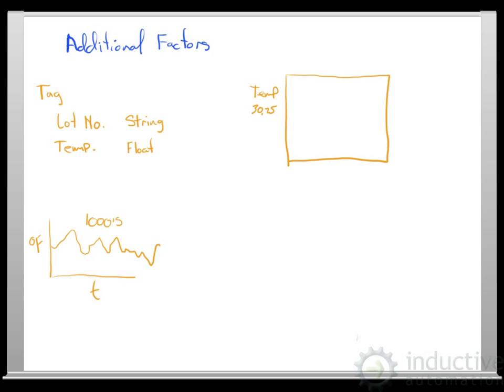It's just not too practical to filter on a numeric value. But a string value, you have a very certain value that was entered, and then we can filter on that. So even though you might have a lot number that's 1, 2, 3, 4, 5, if you store it in a string type tag, then you can filter on it in the control charts, where temperature you cannot.